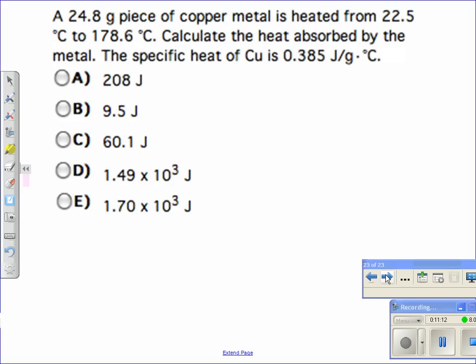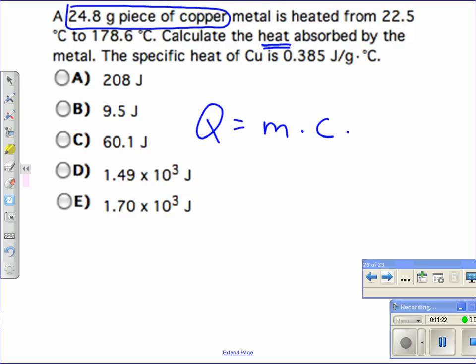Okay, next one. If you look right here, they do it for different substances. A 24.8 gram piece of copper, they want to know the heat in this case. They can have you solve for any of the variables in the equation. So if you look, you could solve for any of these variables. They would give you heat in a different equation. But this one, they want heat again. So I take 24.8 grams of copper, goes there.